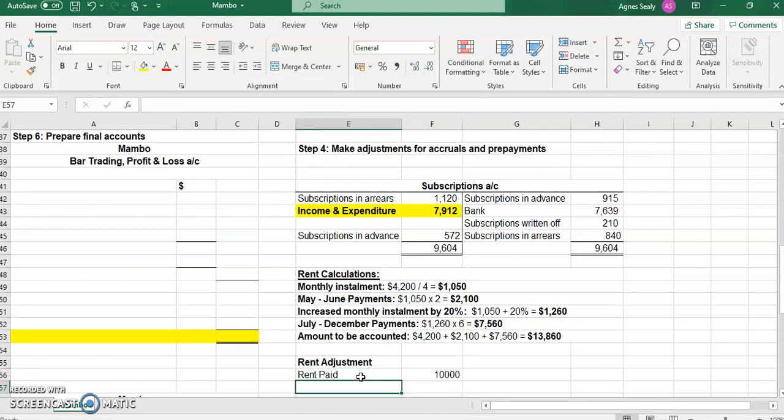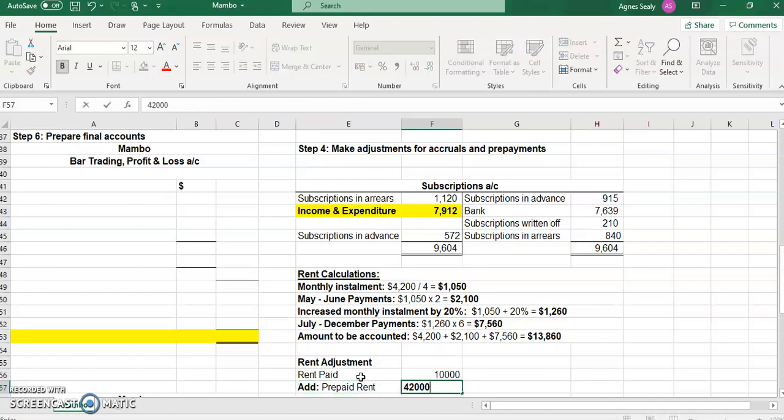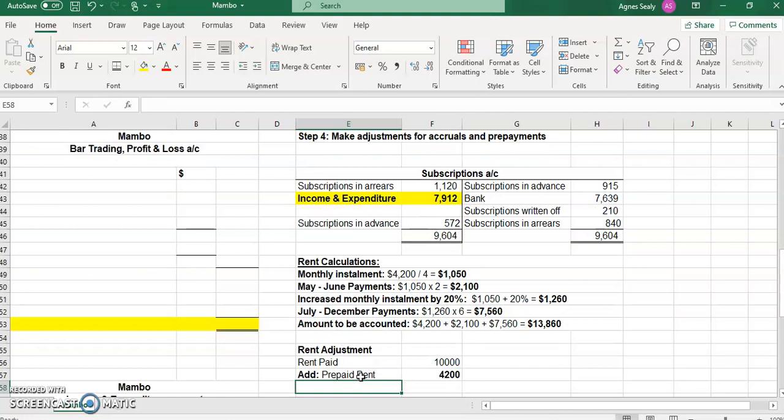Then we add what was prepaid, because this was not accounted for previously, that is $4,200. And then you will subtract any prepayment for the period, as you usually have to do.